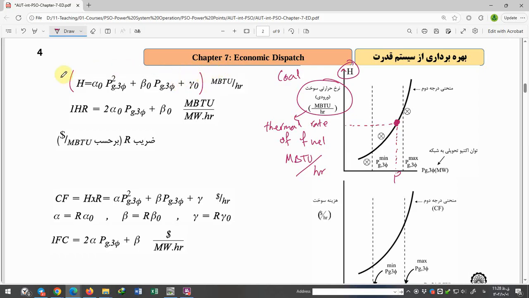If you take the derivative dH over dP, the rate of change of H with active power, we have the incremental heat rate, IHR: 2 alpha 0 Pg plus beta 0, and the gamma is ignored.